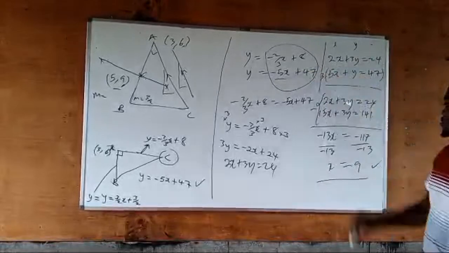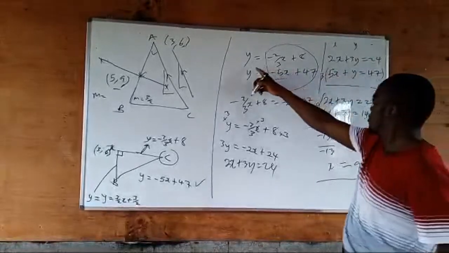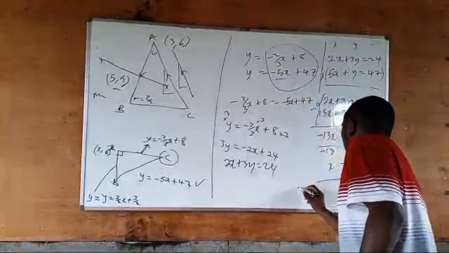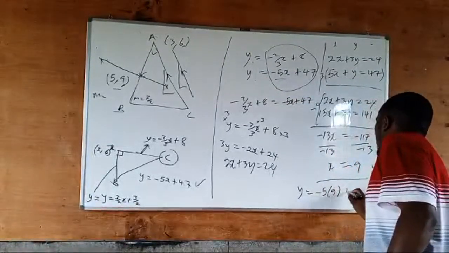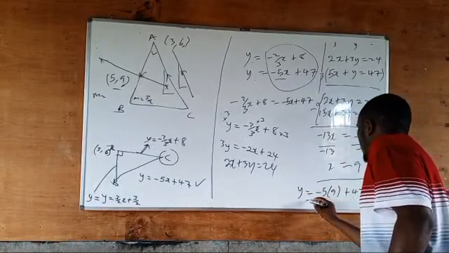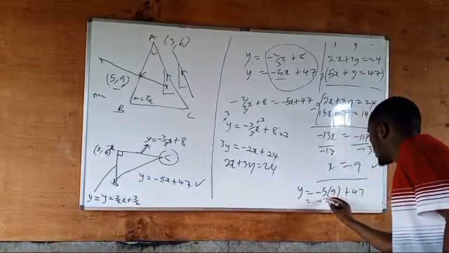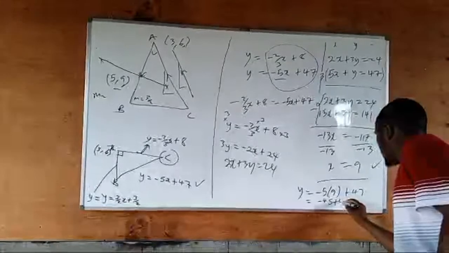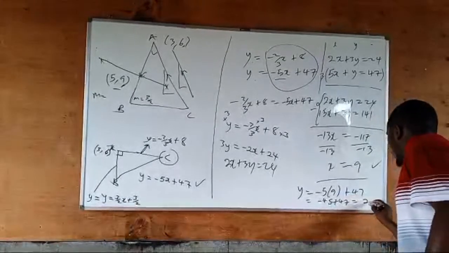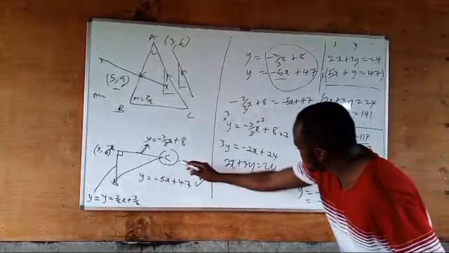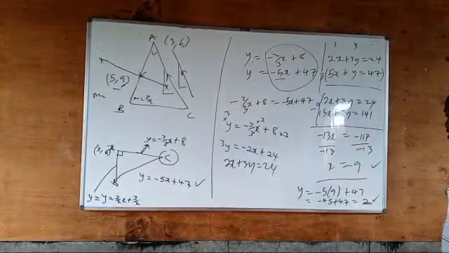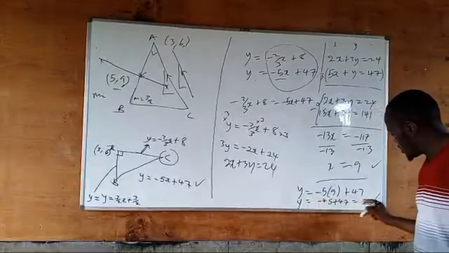Or you can take this one and say y equals to negative 5x plus 47. This is negative 45 plus 47 equals to 2. So at this point, x is 9 and y is 2.